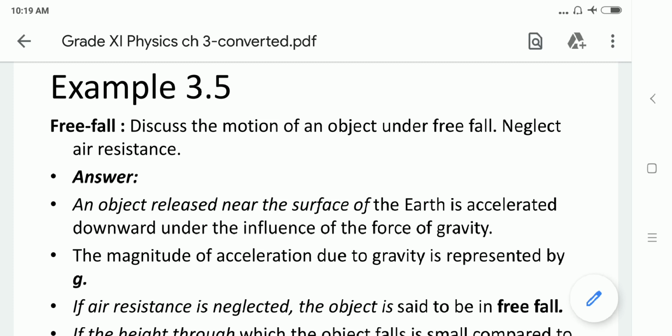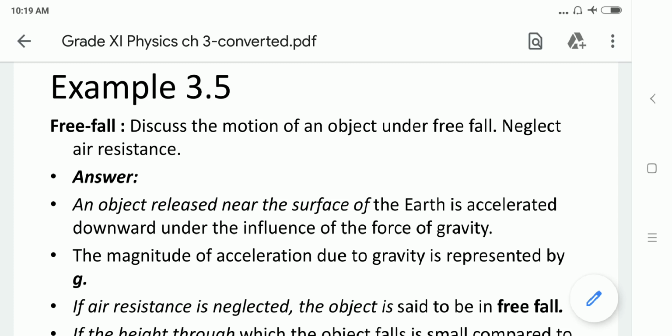So this object released near the surface of the earth is accelerated downward under the influence of gravitational force. The acceleration of the object is defined as the acceleration due to gravity, g. If we neglect air resistance, then that motion is defined as free fall.